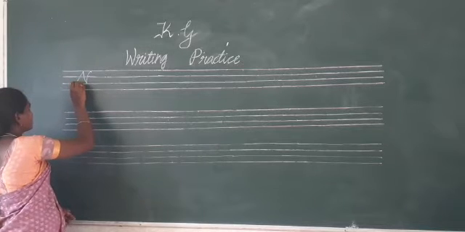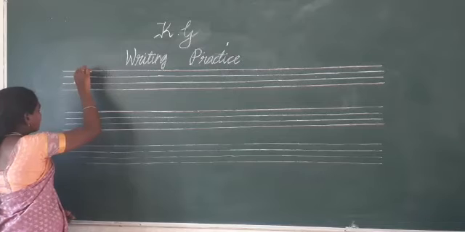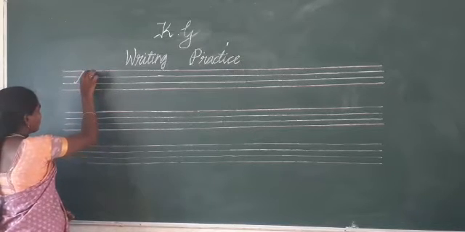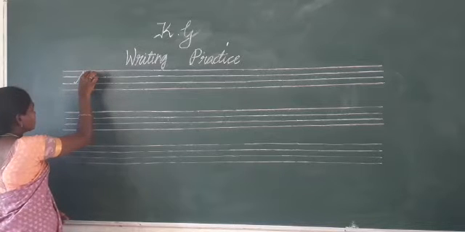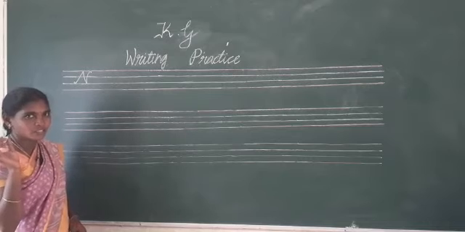A small curve, a slanting from the top to the bottom, and from bottom to the top draw one more slanting with a small curve. This is letter N. Okay children?